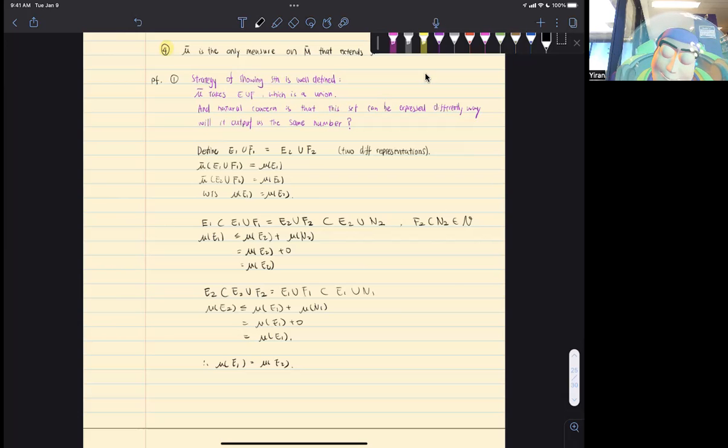Therefore, because we have this, everything in the middle is going to be equality. Therefore, we know that this is just equal to mu of E2. So I'm going to write down here. Okay, so mu of E1 is smaller or equal than mu of E2.